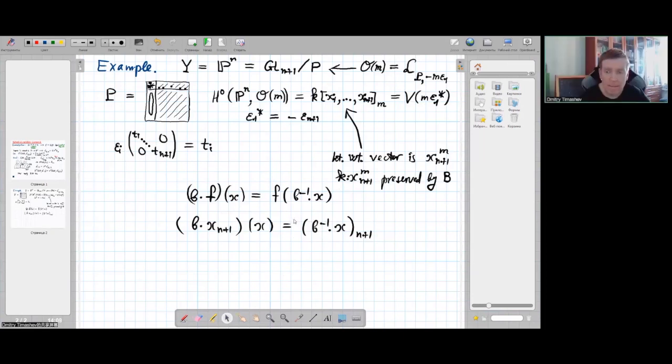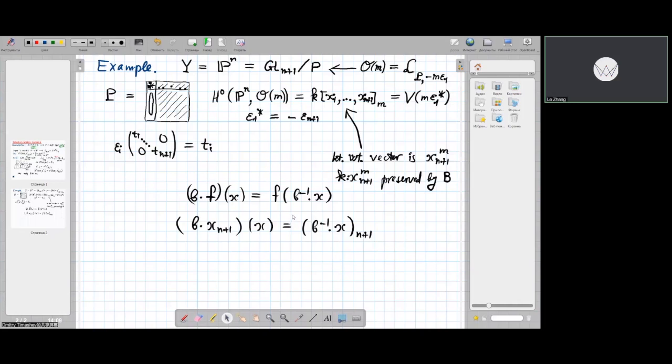Well, but I think you defined the action as the action on the right. Like G acting on F, the value of G acting on F at X is the value of F at X times G. Like this. Well, the action on the right appeared at some point when I considered functions on G, on the group.